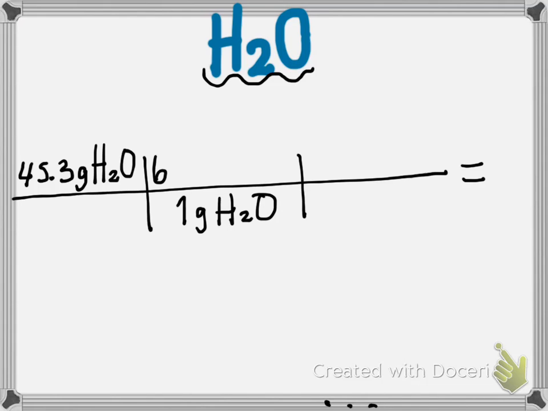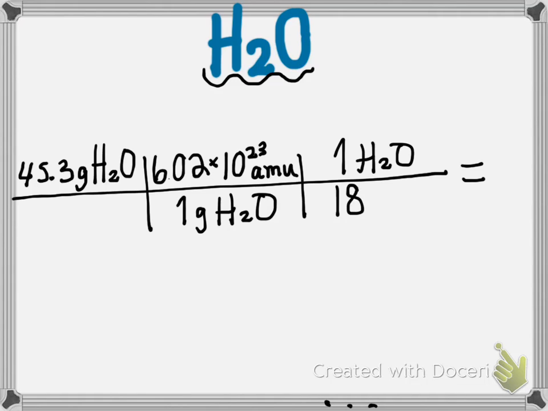Up top, we're going to do the conversion formula for AMU. Next to it, we're going to have 1 H2O, and below it, the mass of 1 H2O, which, if you add that up, 2 hydrogens and an oxygen, you should get 18 AMU. So you'll plug this into your calculator: 45.43 grams times 6.02 times 10 to the 23rd, and then divide that number by 18.